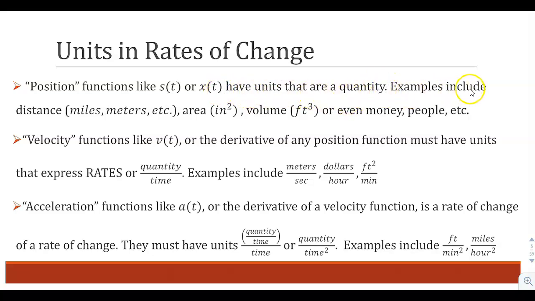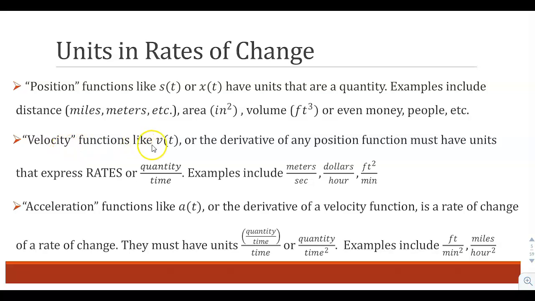Some examples include distance, like miles, meters, etc. But it could also represent an area, so inches squared, a volume, feet cubed, or even something like money or people. So a position function, again, has units that are a quantity, an amount of something, and we're used to that amount of something being a distance in a lot of our examples.